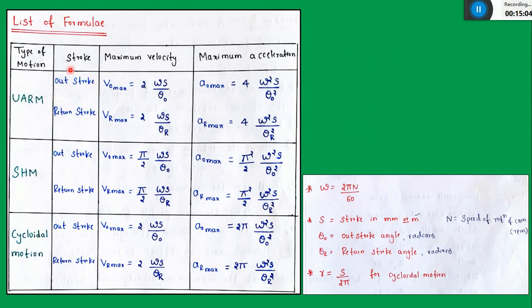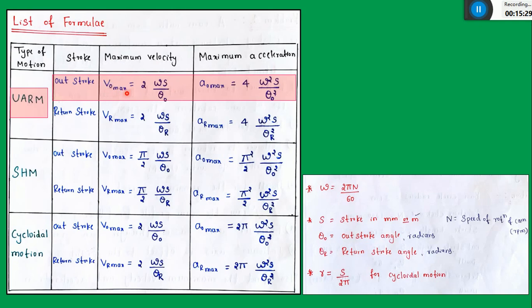The outstroke is with uniform acceleration and retardation motion, so I'll not consider the others. I'll go with this one, because it is given in the problem. I'll select these two formulas and find the maximum velocity and maximum acceleration during outstroke.